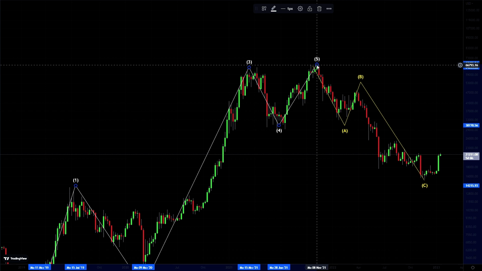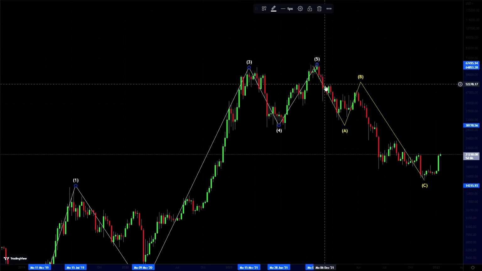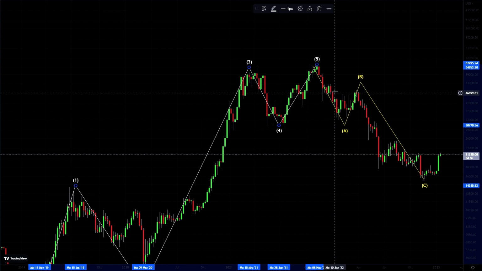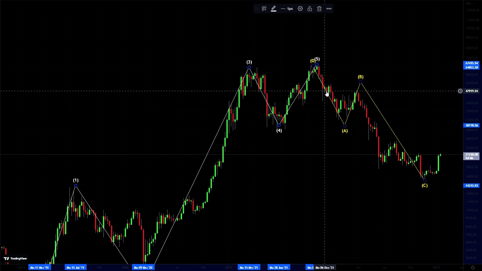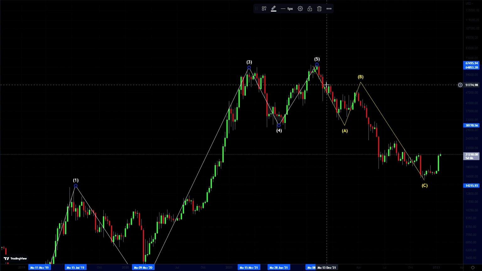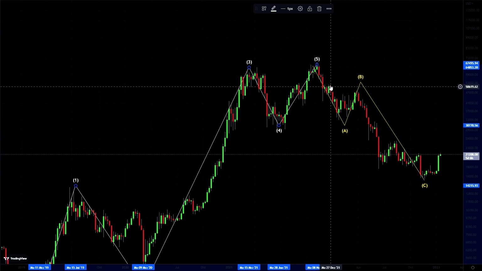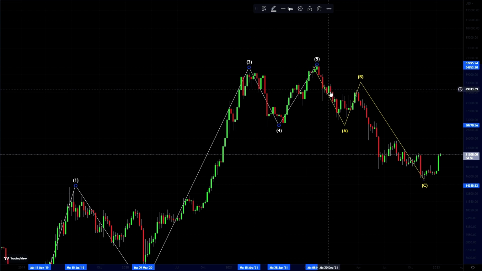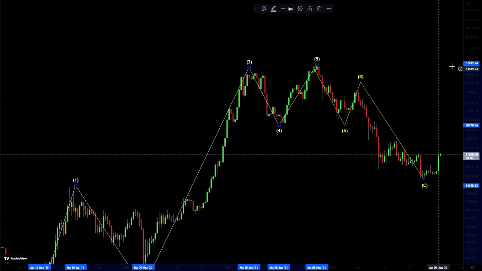I had already recognized the cipher pattern around this time here, expecting some lows around 20k, and at this point in time it looks something like this and played out very well. I will show it in a second.